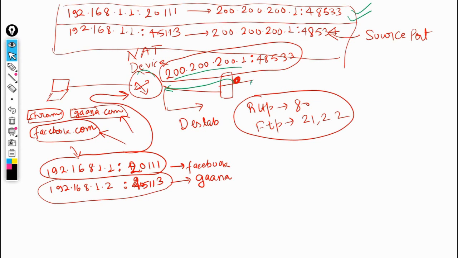It will reply to the address including the port number, 200.200.200.1 colon 48533. So it checks the translation table, finds that it has an entry like this, and this entry maps to this device.